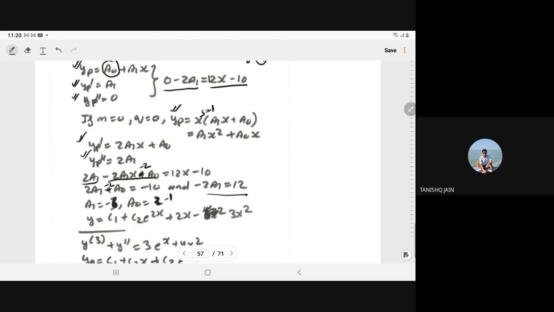You multiplied with 2a0, 4a1x will come there. No, this is correct, and 4a1x, so it is minus 3, and due to the minus 3, a naught will come.